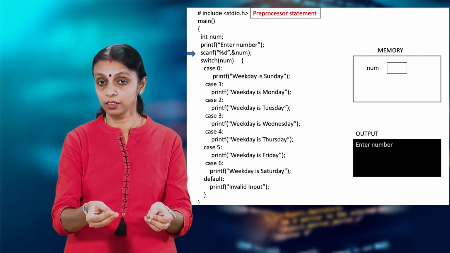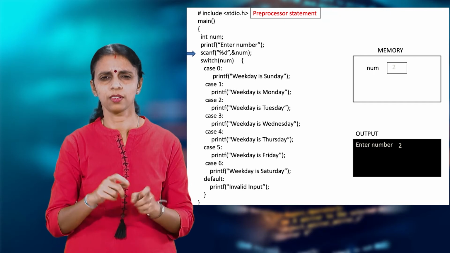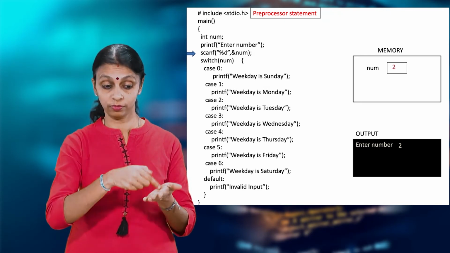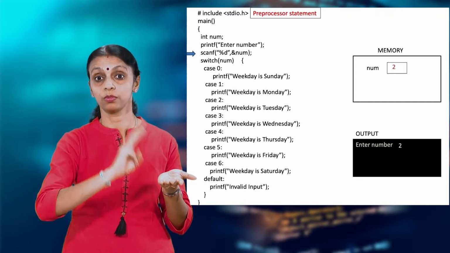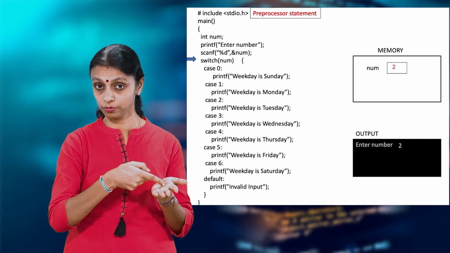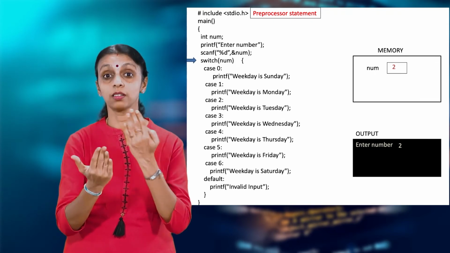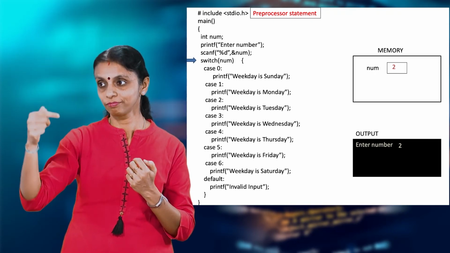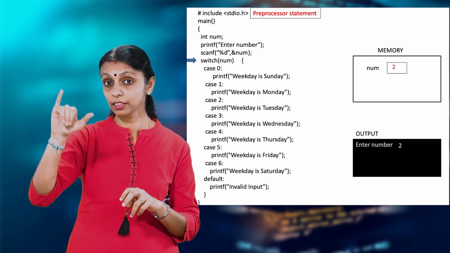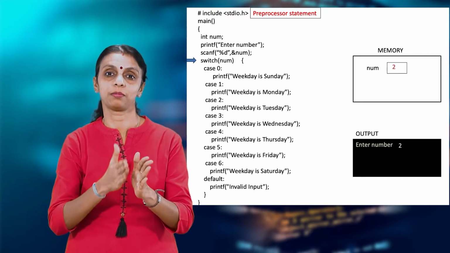User inputs a number, say 2. It gets stored in num. Now the value of num is compared with each case. If it finds a match, that set of statements gets executed.